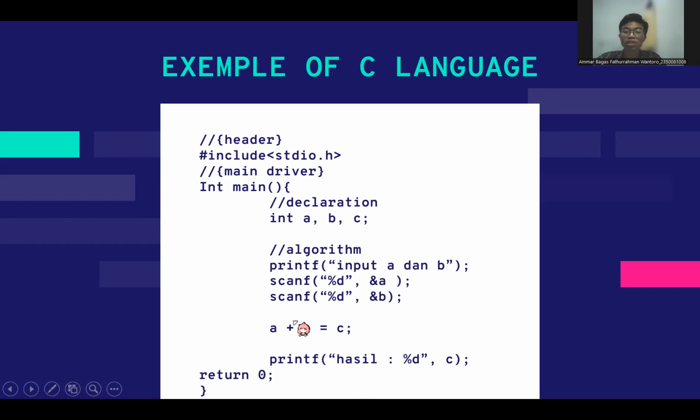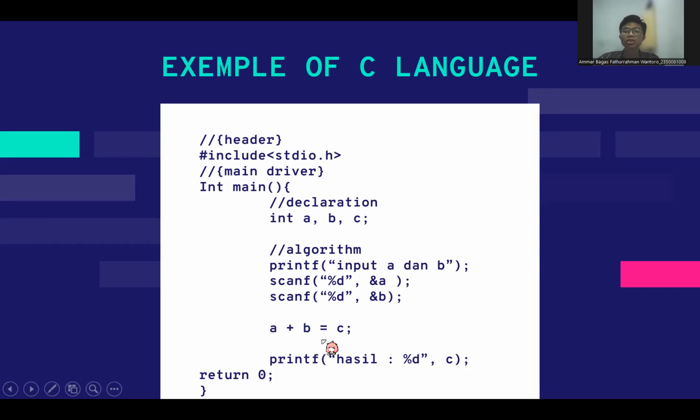The algorithm uses printf to output the text, input A and input B. Scanf is for the user to input the variable. This scanf is for user input.